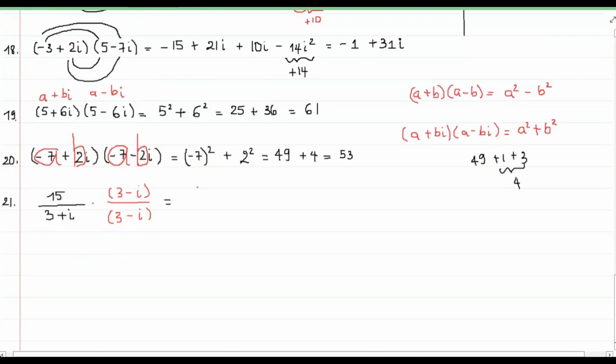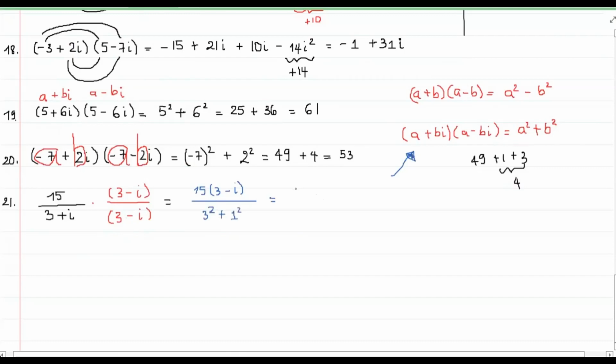So we have 15 times 3 minus i on the top. At the bottom, we have 3 plus i times 3 minus i. So we use that formula right here. A is 3, so 3 squared, plus this one is 1, 1 squared.